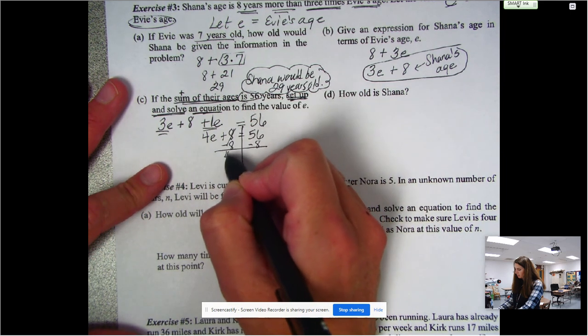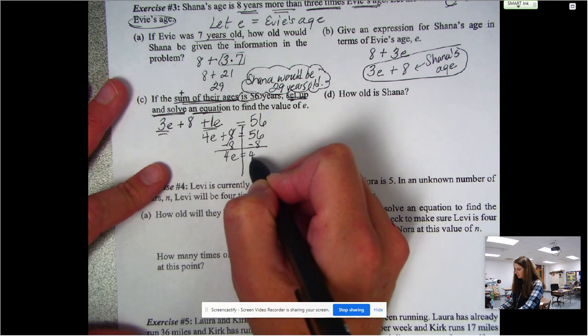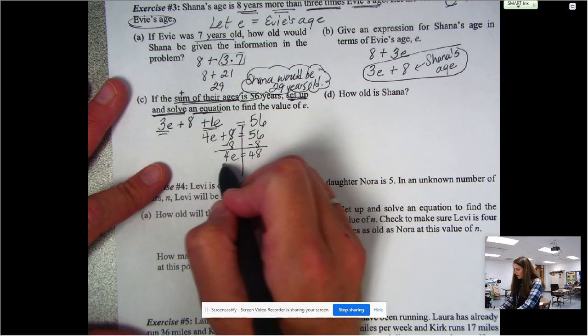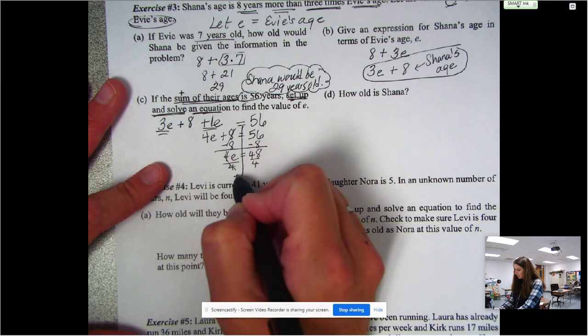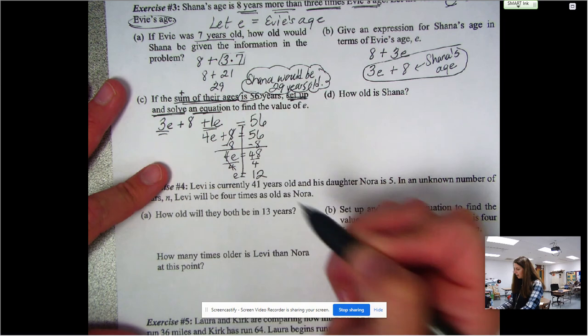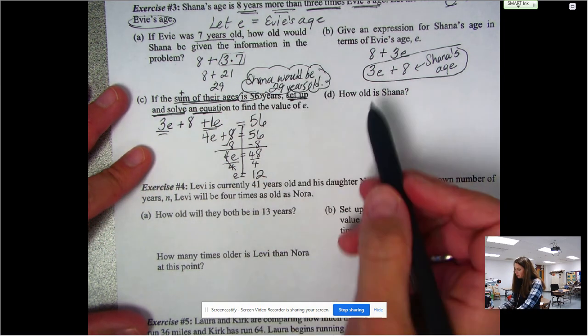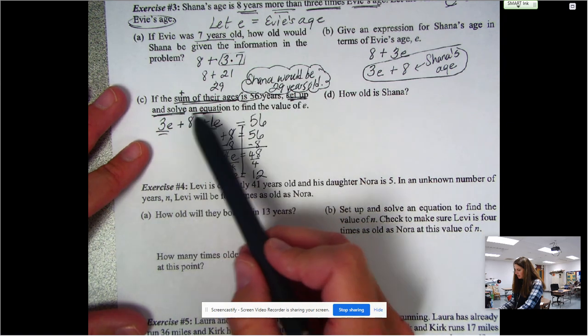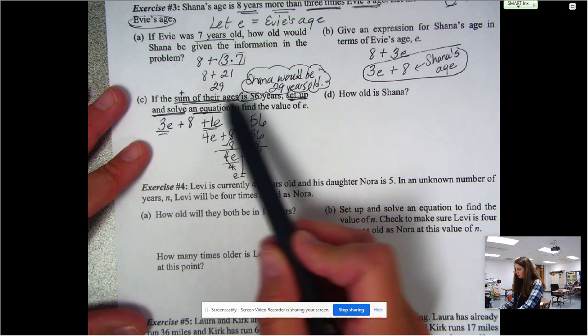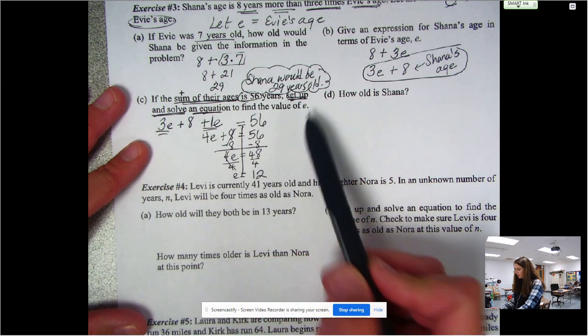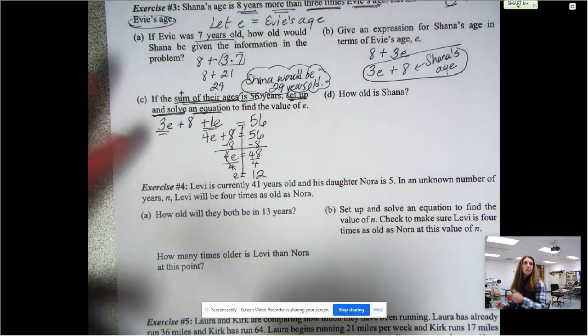These cancel. We're left with 4E equals 48. Divide by our coefficient of 4, and we get E equals 12. Okay? Did we do the directions? Set up and solve an equation. We set it up and we solved it to find the value of E. We know the value of E, so we are good.